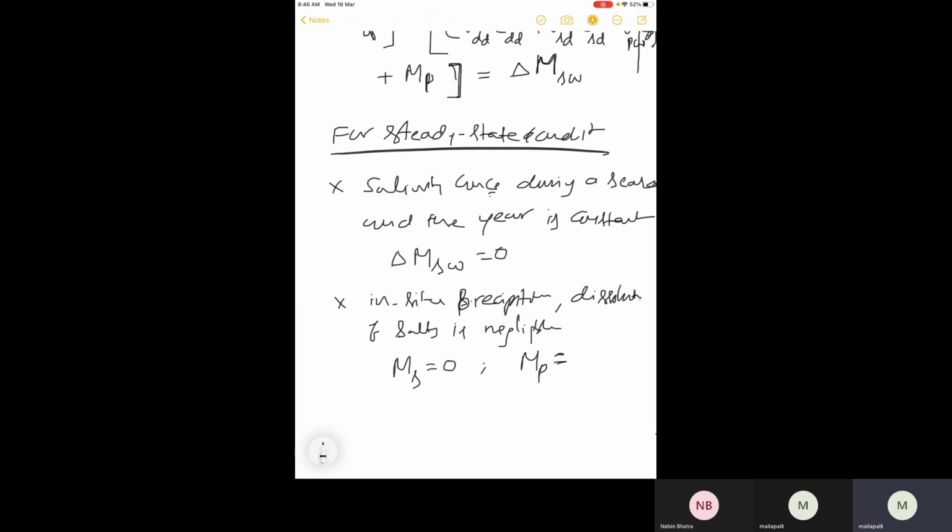So MP is, suppose your concentration is adding up, and there is no space, so obviously if the concentration is more, the precipitation is going to take place, right? So that also we are assuming it is zero. And then we also assume that there is no salts adding from the application of fertilizers and all. So that's a zero, right? This is second assumption.